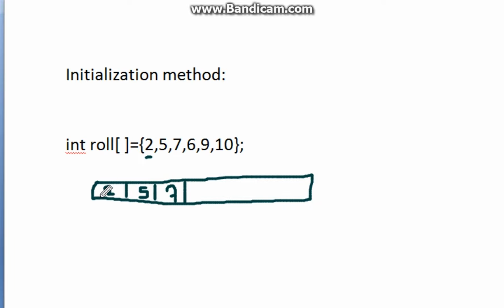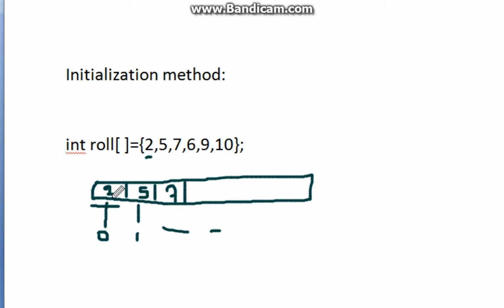So at the first location we are entering the value 2, and if I want to access this value, we just write roll, and the index number of this is 0, this is 1, and so on.